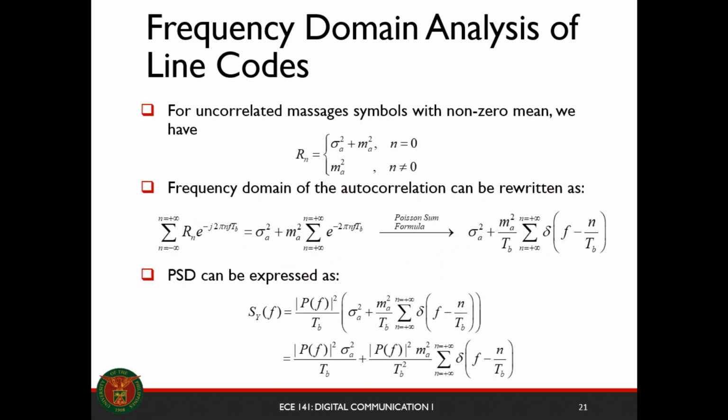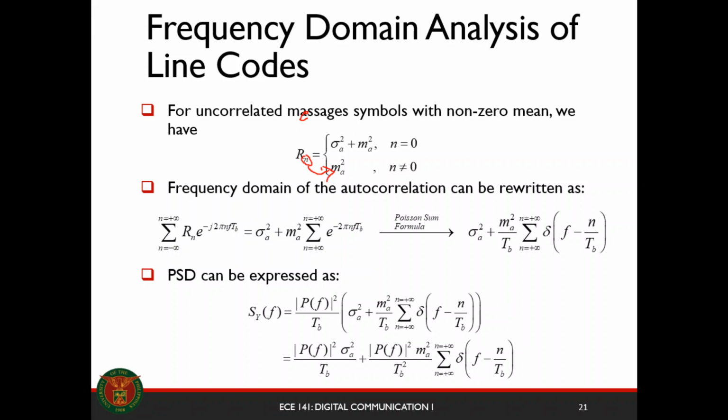For uncorrelated messages, this should be E. What does that mean? It means that if you have a non-zero time shift, your autocorrelation will just be noise.